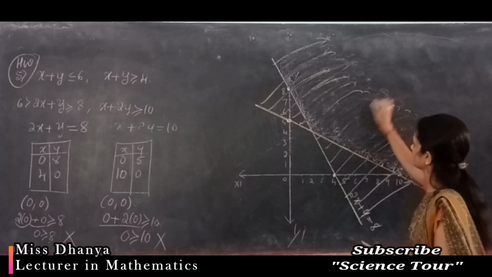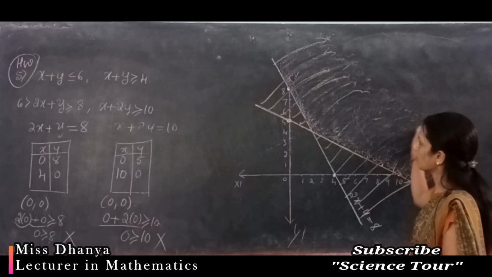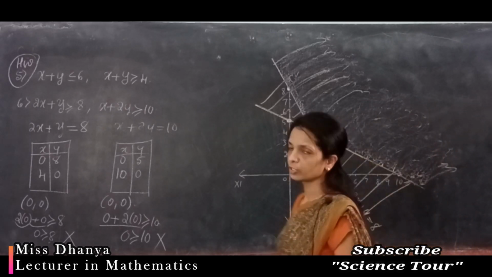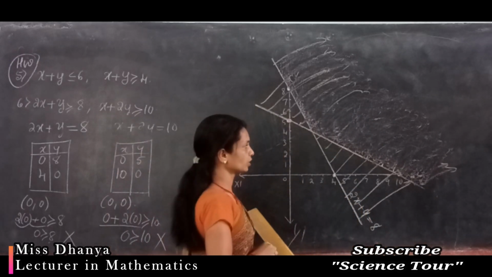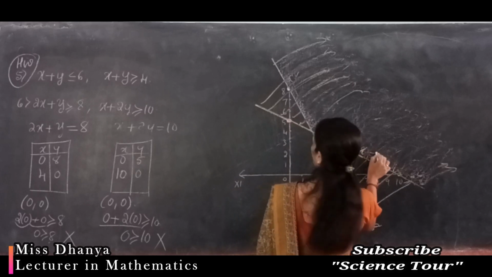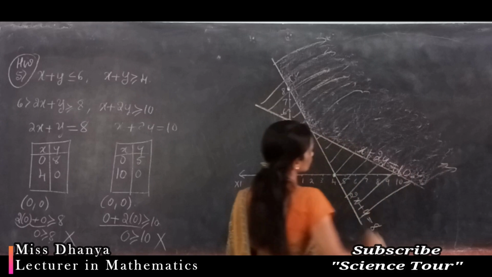See, this is the common solution region now, okay? Solution region for both the inequalities. Common solution region means the solution which satisfies both the inequalities, okay? This is your line x plus 2y is equal to 10, okay?